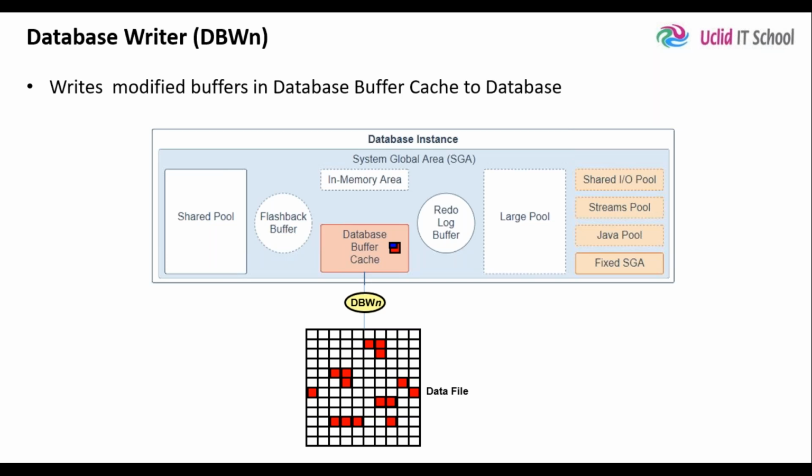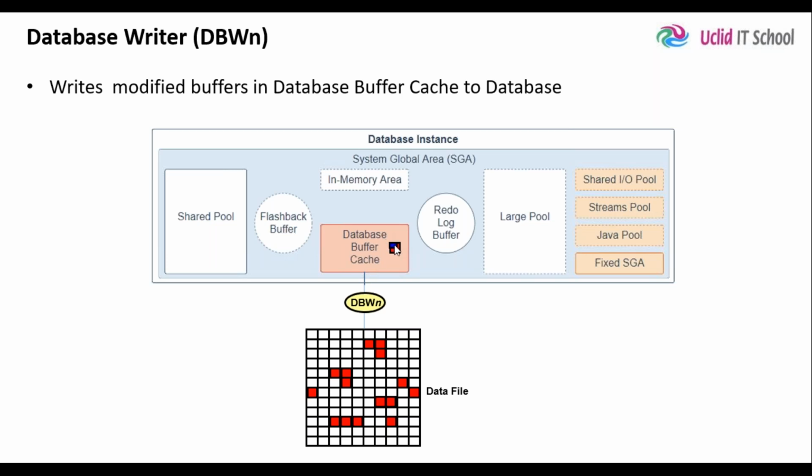Now, what is this writing? The server process reads the blocks from the database and stores them temporarily inside the SGA, in the buffer cache component. Now you can see in this diagram we have a block, the red one, stored inside the buffer cache. You not only read the data, you modify the data.